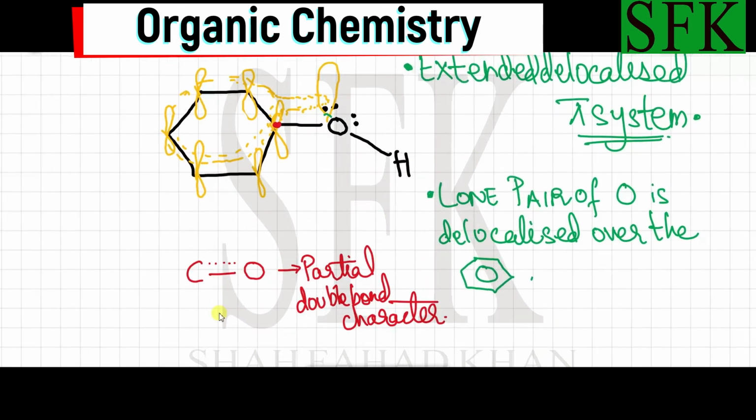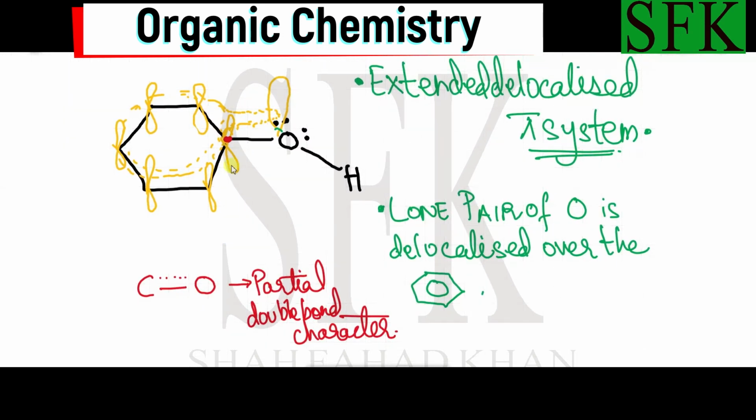Now, the partial double bond character means that this bond becomes very strong and it is difficult to break. This bond is stronger than a carbon-oxygen single bond and it is difficult to break.